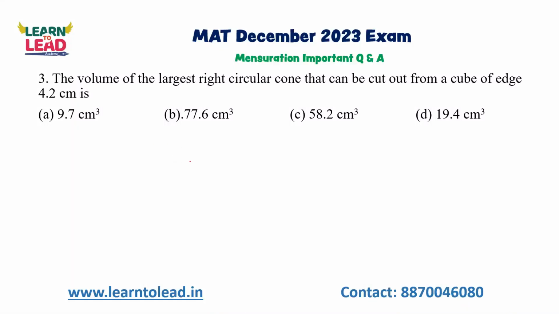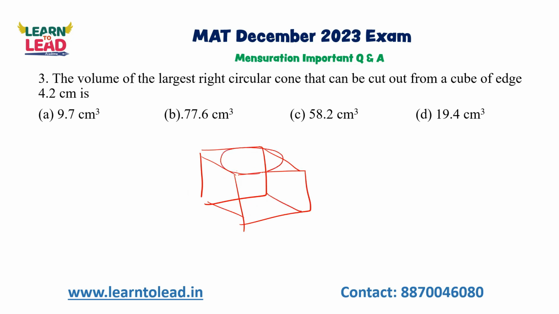Okay, next question. The volume of the largest right circular cone that can be cut out from a cube of edge 4.2 centimeter. Let us take a cube. I'm going to cut out the largest circular cone. The volume of the cone formula is 1 by 3 pi r square h. The radius of the cone will be 2.1 centimeter.